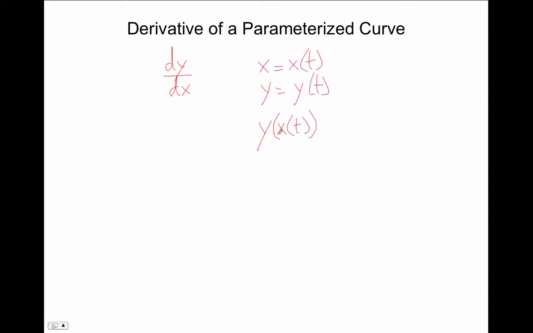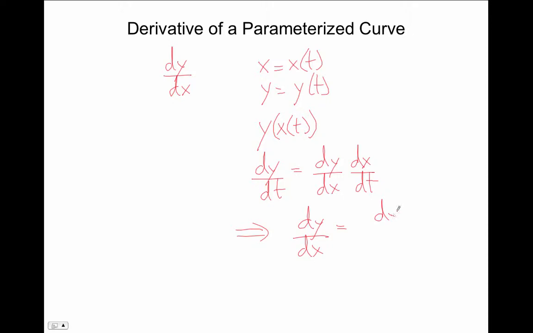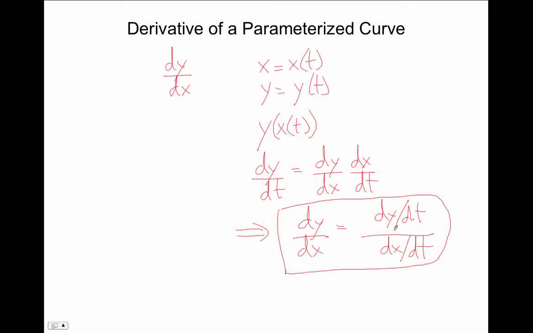So y is a function of x is a function of t. Therefore, by the chain rule, dy by dt is dy by dx into dx by dt. And from here, dy by dx is dy by dt divided by dx by dt. And that's how you calculate the derivative or the slope of a parameterized curve.